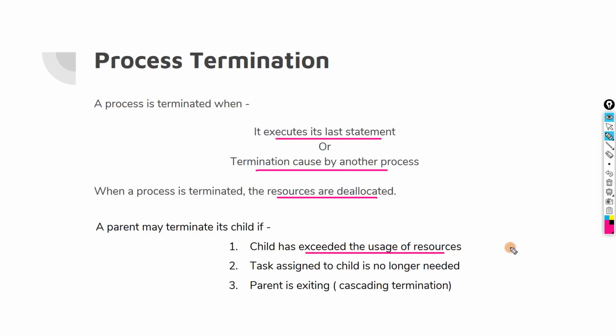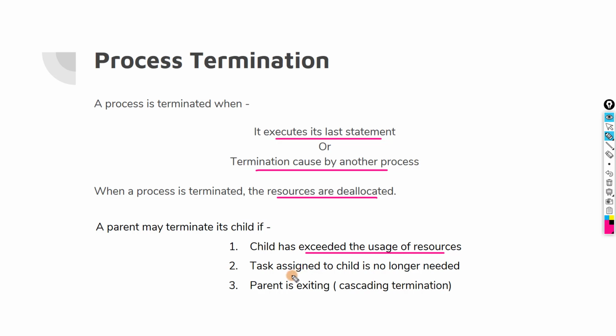The child gets the resources from the parent, right? And with the flow of execution, the child is holding more and more resources, and at one point the child has exceeded the resources that were allocated to it. In this case, the parent forcefully terminates the child.